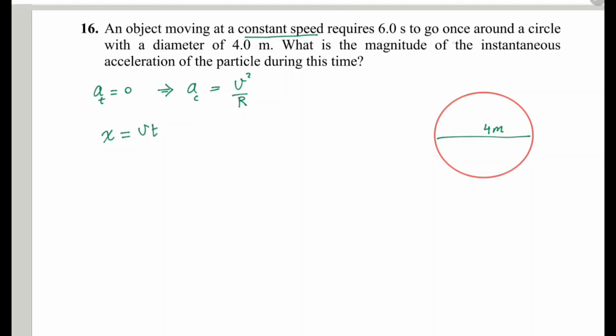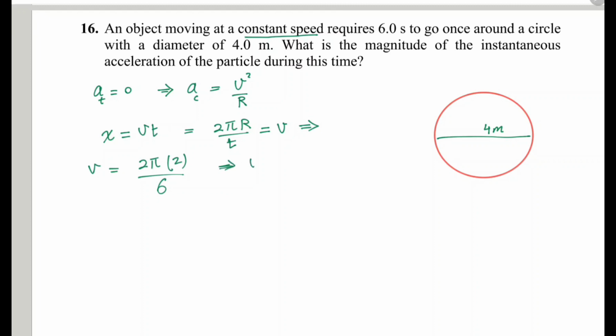Now it moves once around a circle. It means 2 pi r, the circumference of the circle is x actually, divided by the time, this is equal to v, and in this case v equals 2 pi multiplied by, the diameter is 4, so it's 2, divided by time is 6.